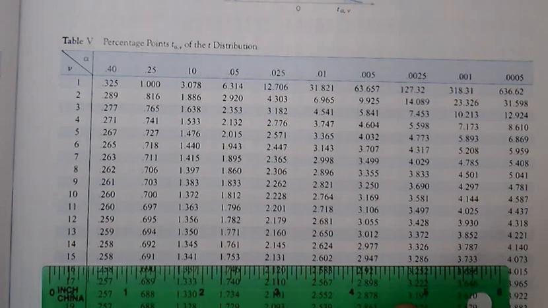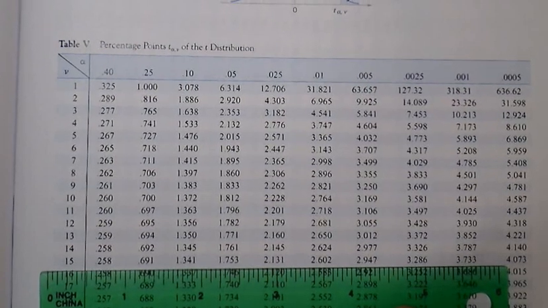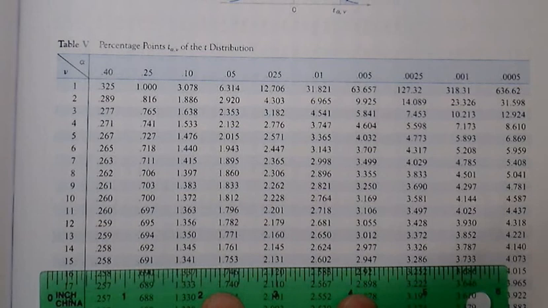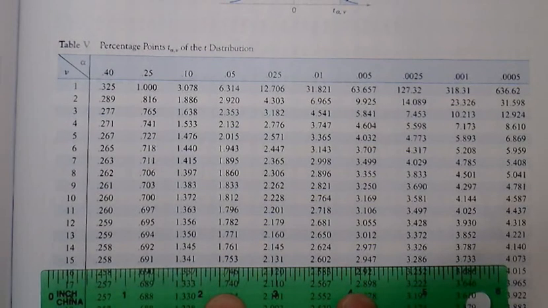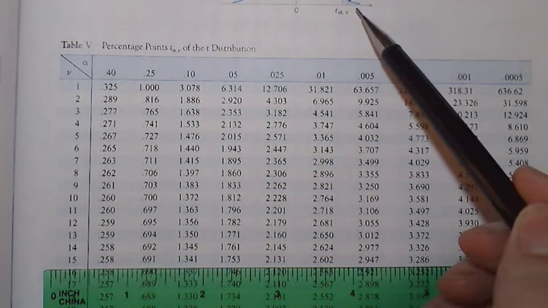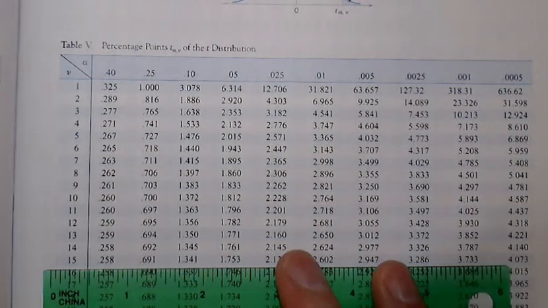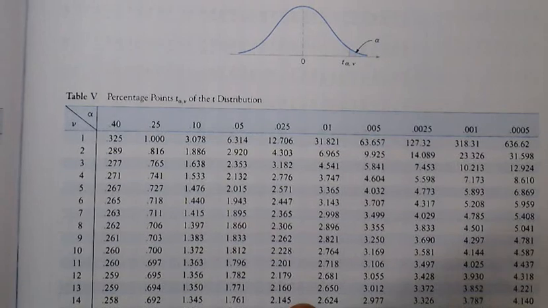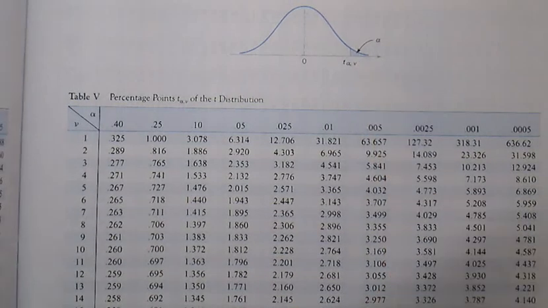So back here in Appendix A, page 711 of your textbook, or Table 5, they call it percentage points of t alpha comma nu of the t distribution. Right? So what you have to really pay attention to is their figure that tells you what alpha is supposed to be. And alpha is noted as the percent that's sitting out here in the tail.